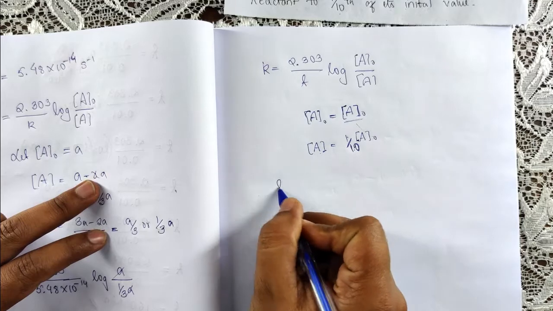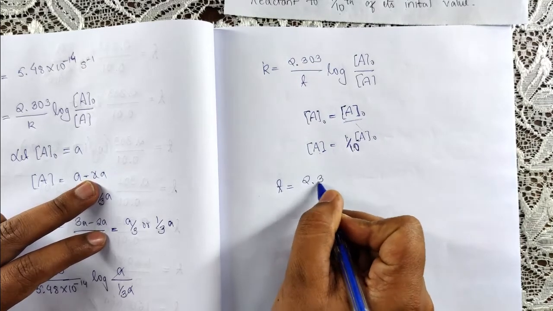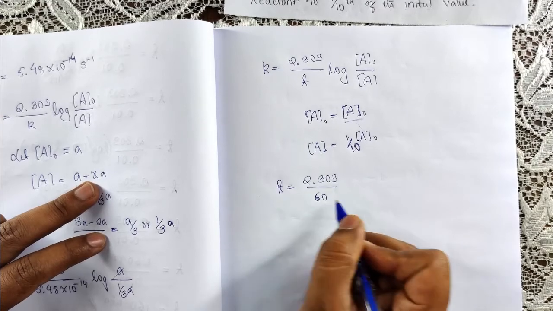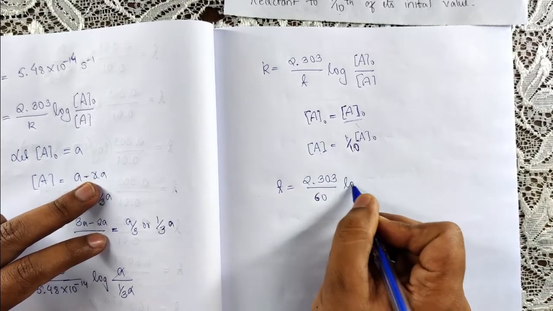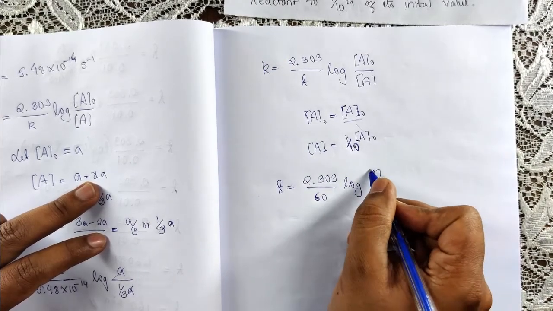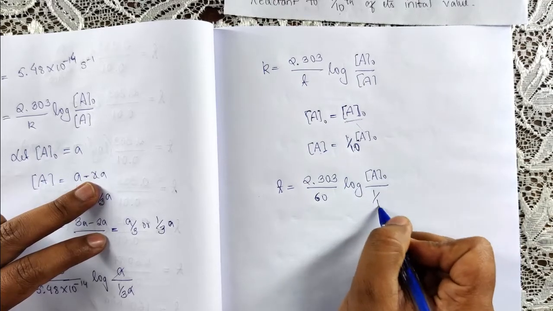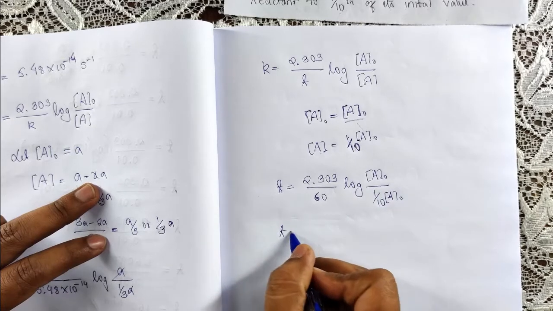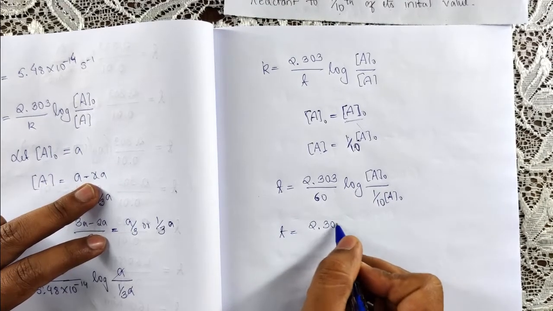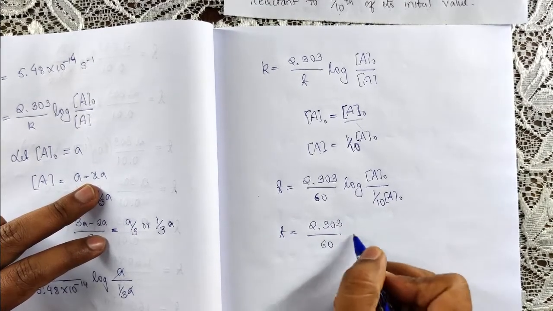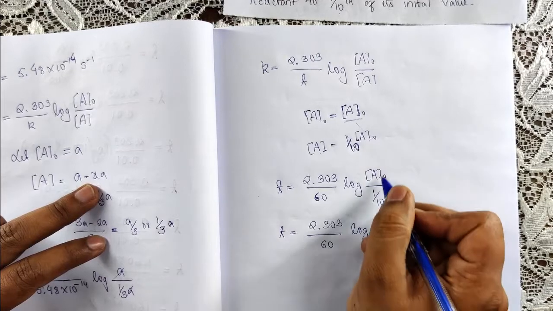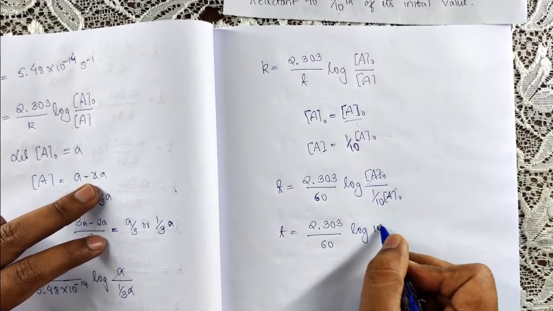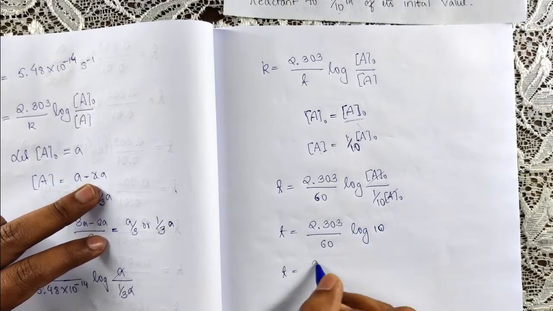So K is given, you're going to calculate T. What is K? K is 60 per second. So I'll write here 2.303 by 60 log A naught by 1 by 10 A naught. So T is 2.303 divided by 60 log, A naught you cancel, it will be log 10. Log 10 is 1.